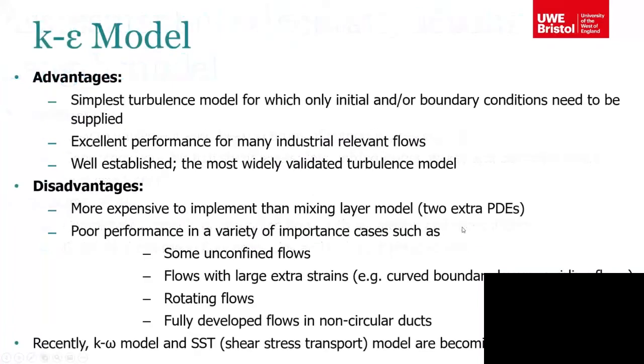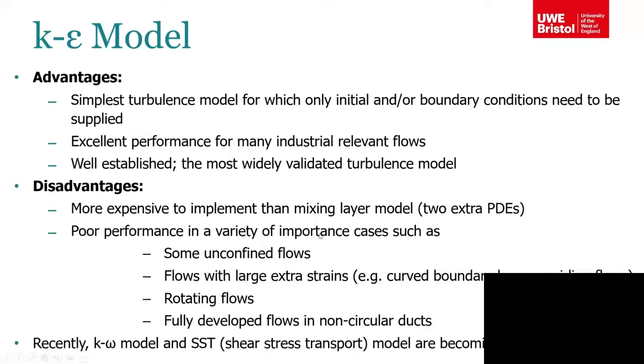So this only calculates mean flow properties and turbulent shear stress. K epsilon model advantages: simplest turbulence model. If the flow is predominantly unidirectional, it's very good. It's well established, meaning well tested.